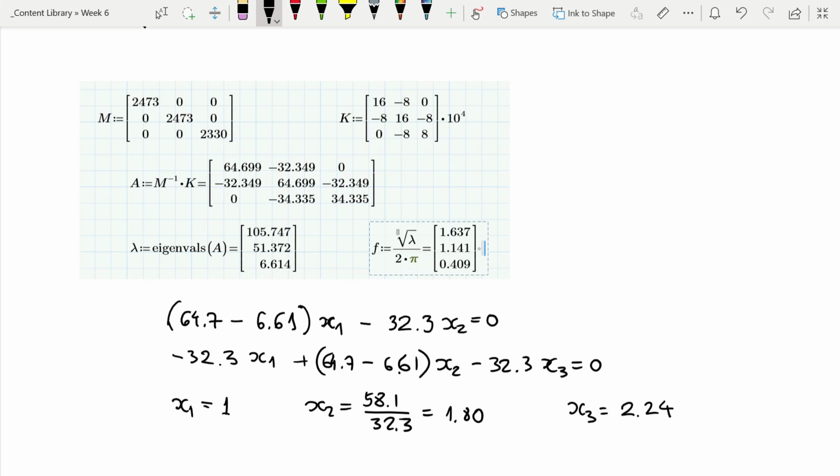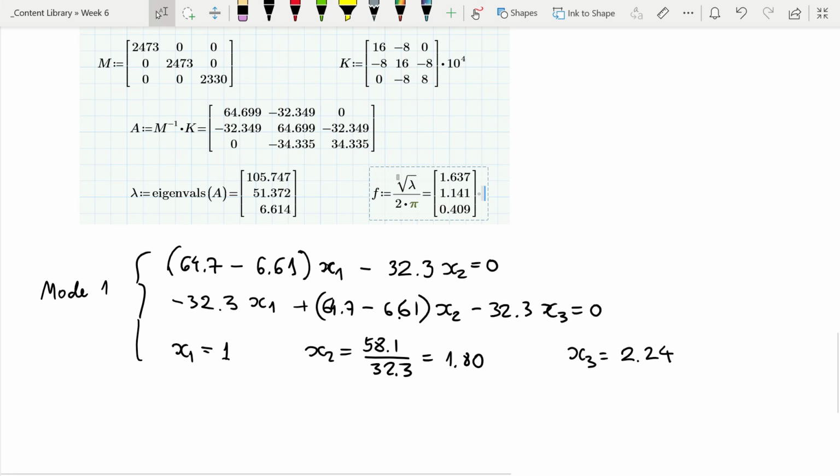So that means this was our first mode. That means our first mode shape is 1, 1.8, and 2.24.